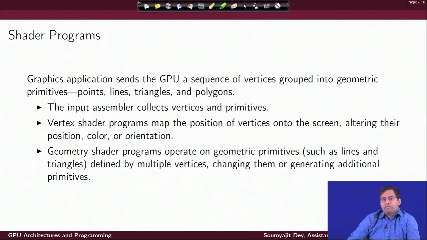The input assembler is the block which collects these vertices and the corresponding primitives. The vertex shader is a software program which maps the position of the vertices to the screen, because finally it is the screen where they need to be rendered. This would mean a specific change in the values, such as scaling, and it will also mean altering their position, color or orientations.